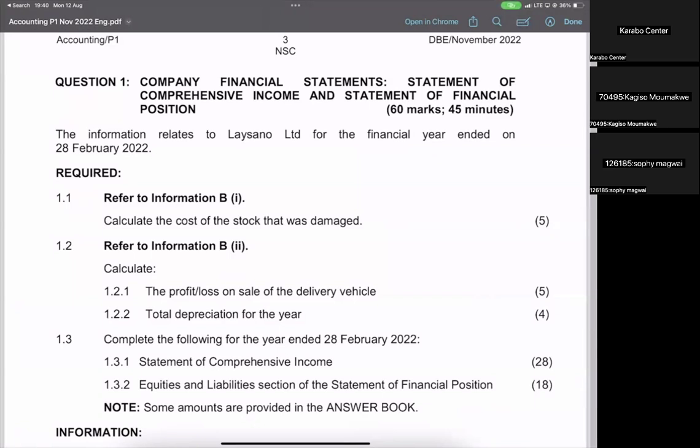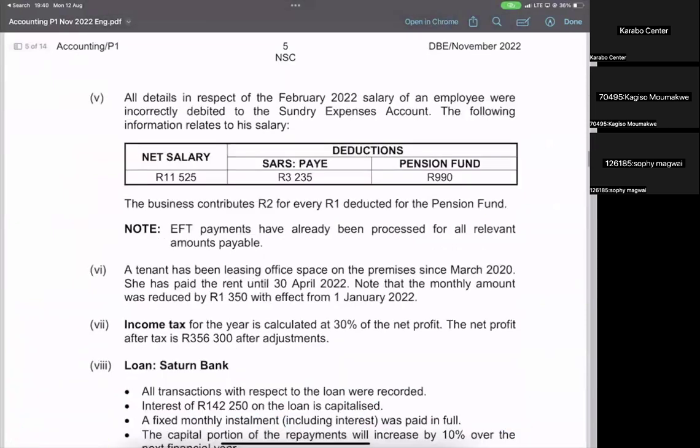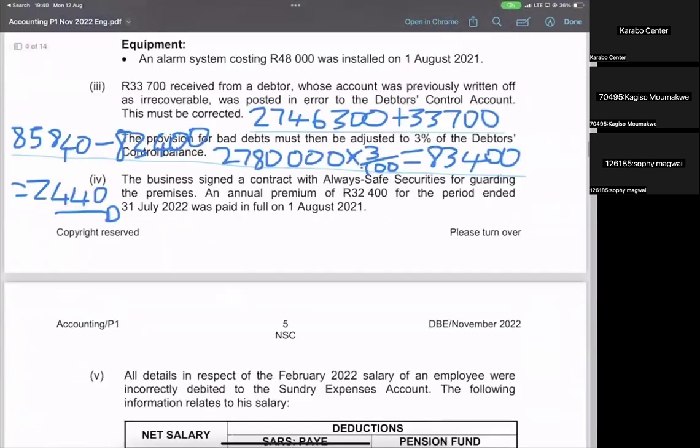So you don't see an annual premium ended 31 July 2022 paid in full on 1 August 2021 and think, oh, now I have to change my financial year to start in August and end in July. No.